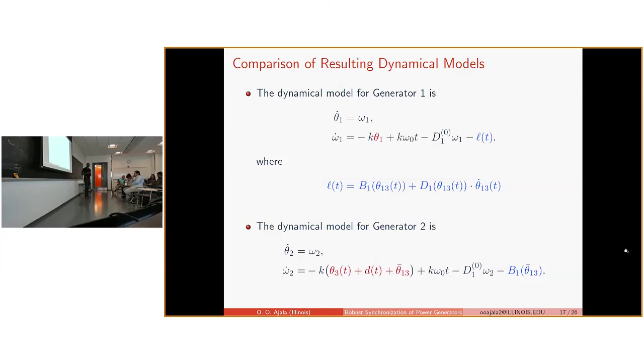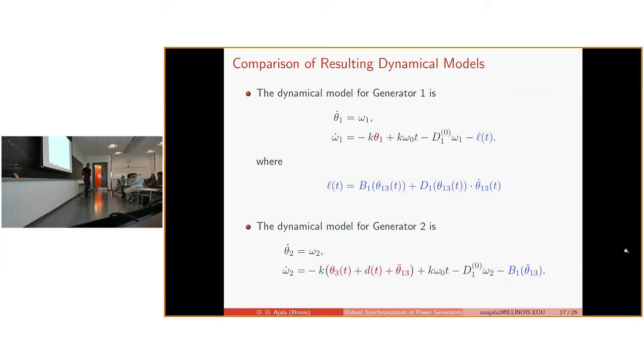Now, if we compare the dynamical models for generator 1 and the resulting dynamical model of generator 2, we can understand what this choice of control input is doing. So this is generator 1. If you observe, this is theta 1, right? However, here, this is the following term.